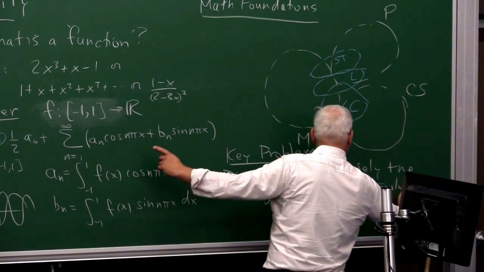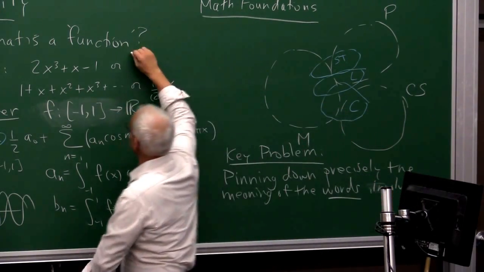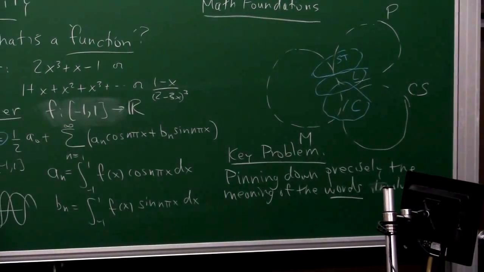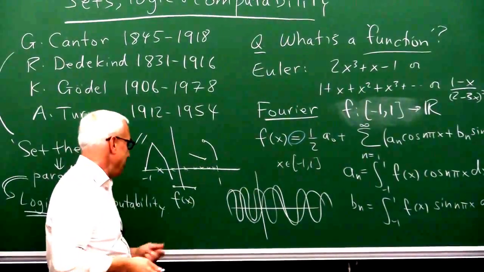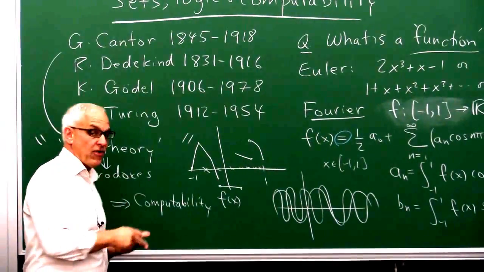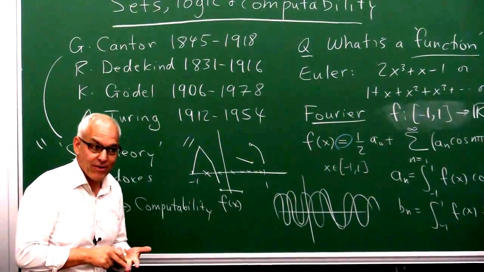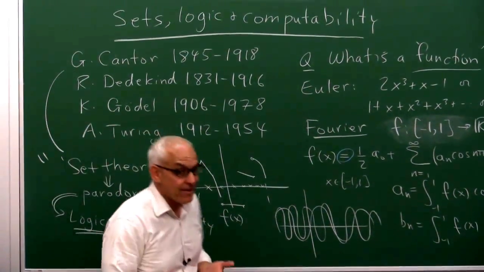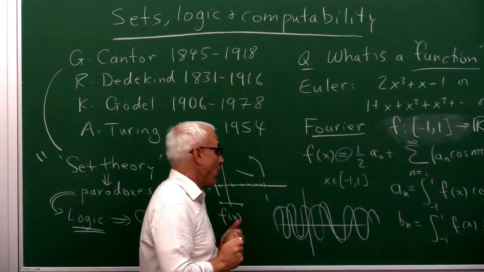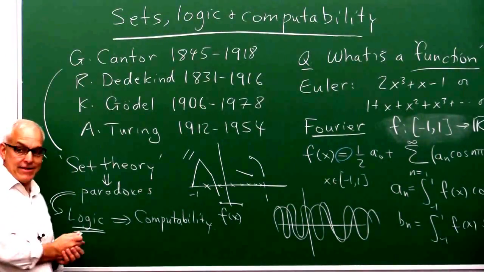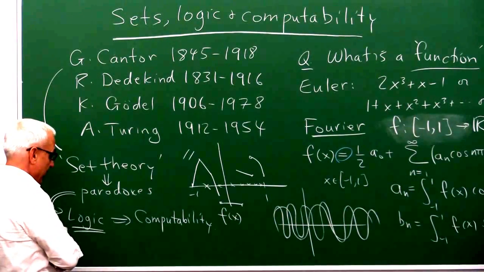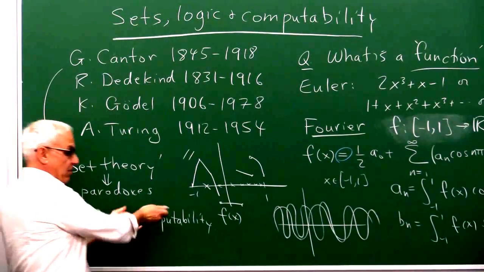And that goes right back actually to the original question of what is a function. It's not so easy to say precisely what a function is. Similarly, it's not so easy to define exactly what a sequence is or what a real number is or what a set is or what a theory is, what a statement is, and even what a computer is.